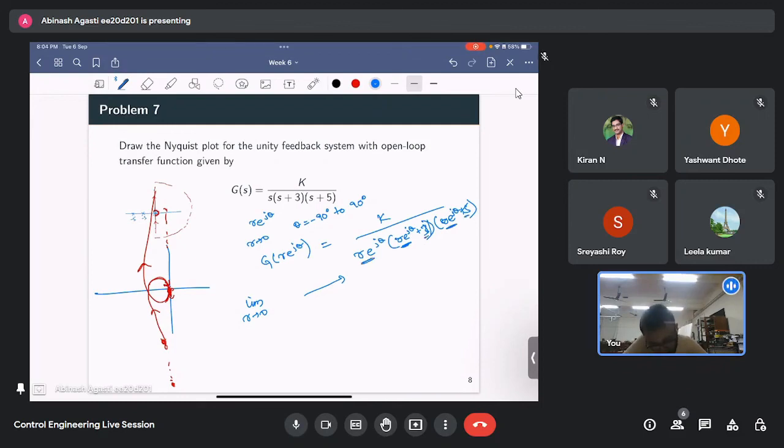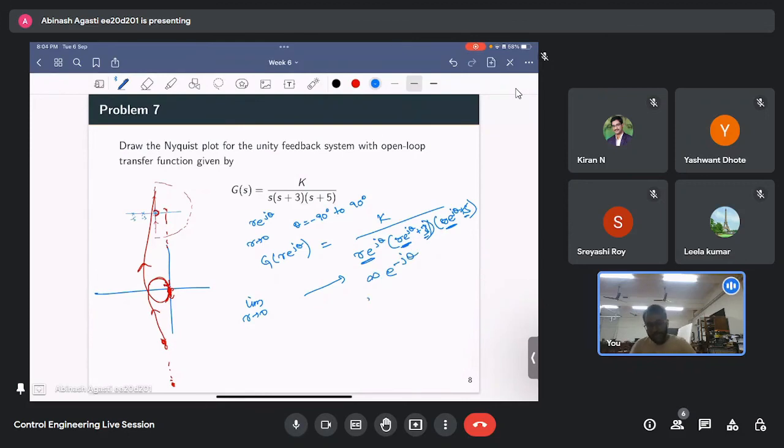So that will just give me infinity e to the power minus j theta. So that is infinity at an angle minus theta. The original theta moves from minus 90 degree to plus 90 degree. Since it is minus theta, this will move from 90 degree to minus 90 degree.